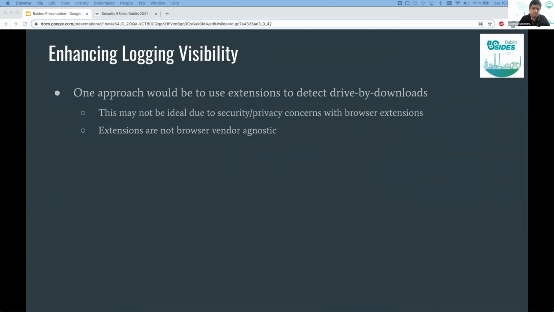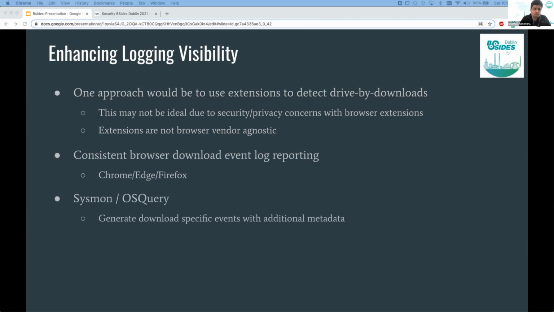There is no single extension that can work across different browsers. So I think the solution would be to have consistent download event log reporting across different browsers, which can then be leveraged by standard endpoint logging tools like Sysmon or osquery, where the additional context or the metadata around the download is reported accurately.